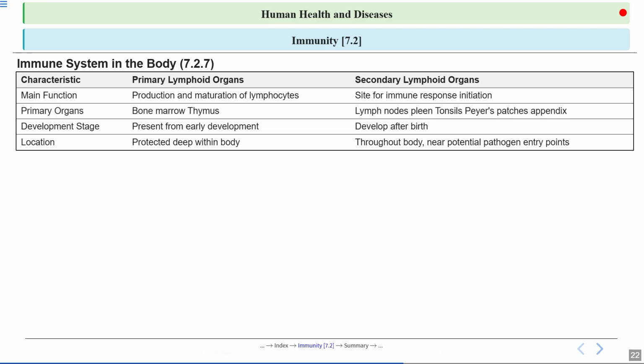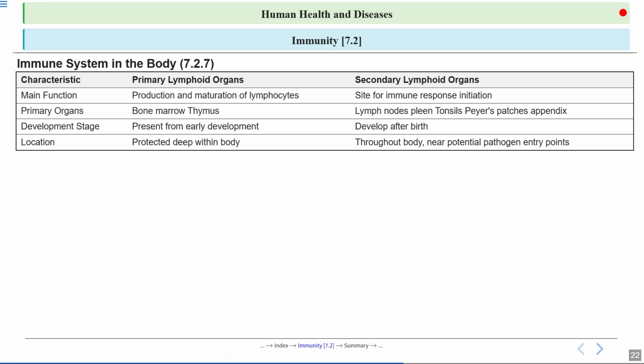Now you can see the main function of the primary lymphoid organ: production and maturation of lymphocytes. The main function of the secondary lymphoid organ is that they are the site for immune response initiation. The primary lymphoid organs are the bone marrow and thymus.